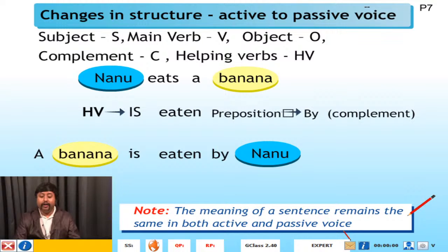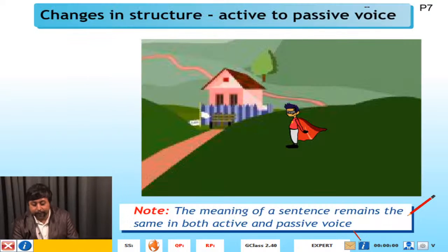Then we will use the past participle of the main verb. So eat's past participle form will be eaten. Then we'll use a complement, what's that? It's a preposition in the form of by, and the subject will become the object. So Nanu will become the object. So the sentence would be: a banana is eaten by Nanu.